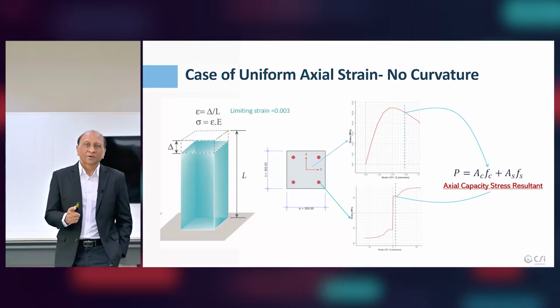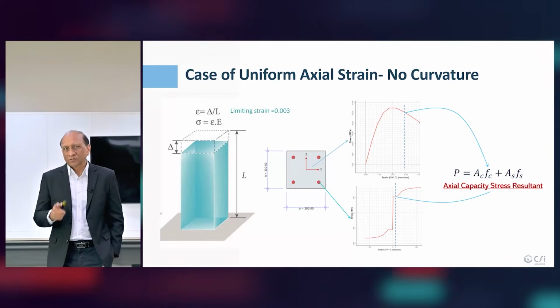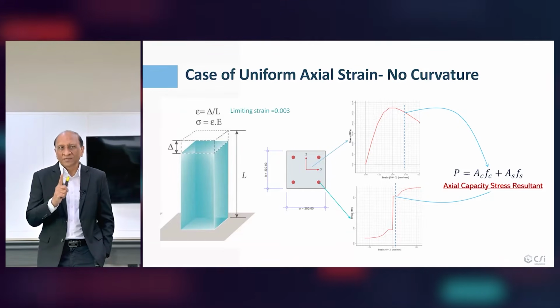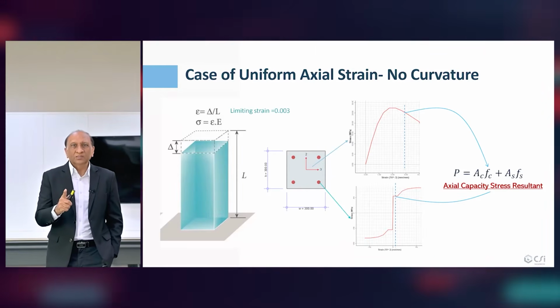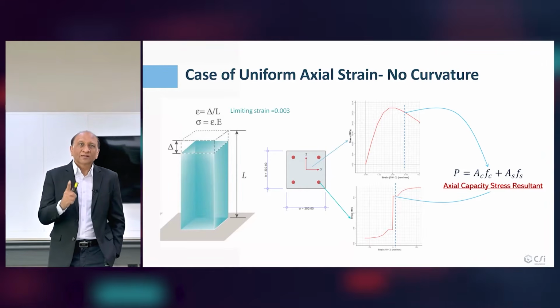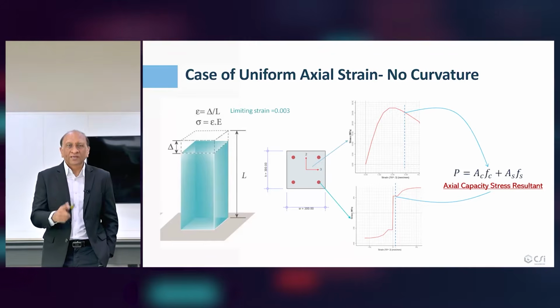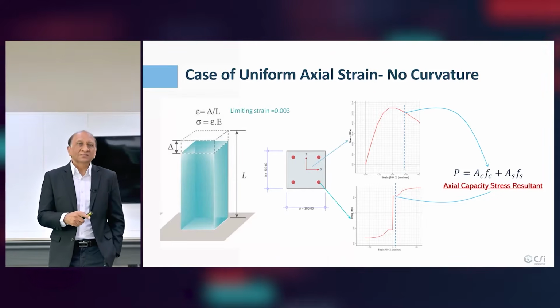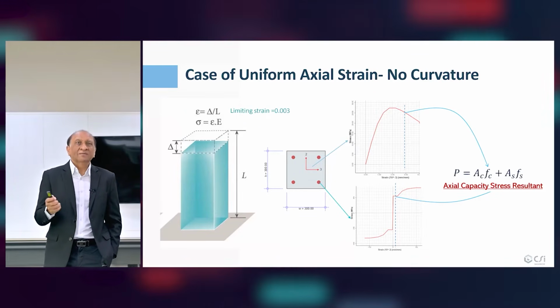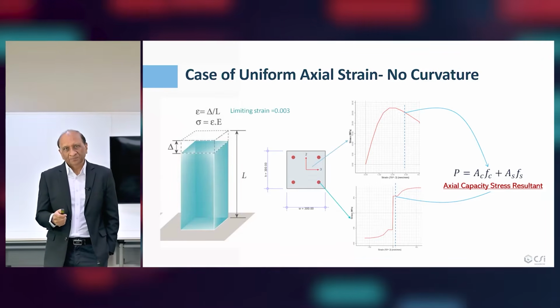This is what we are talking about, the strength capacity. That means this is the capacity of this column to carry this load P for a failure strain of 0.003, based on the section's configuration and material properties.